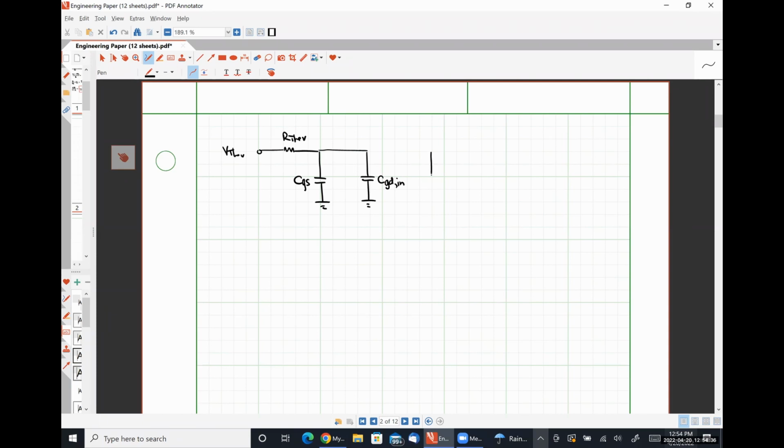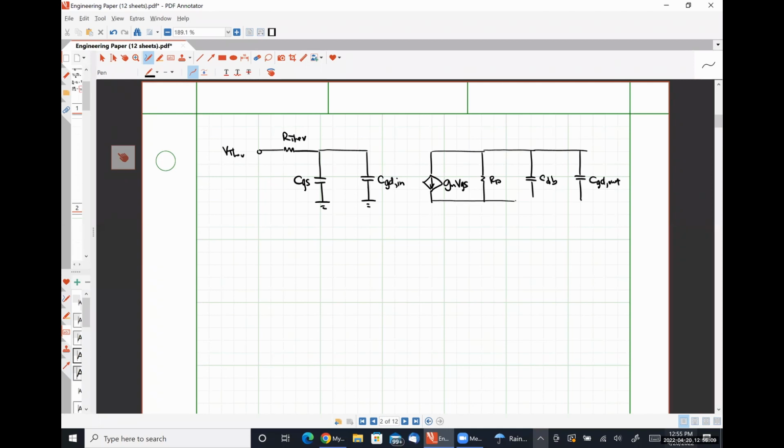And then over here, we're going to have GM VGS in parallel with RD in parallel with CDB in parallel with CGD out.